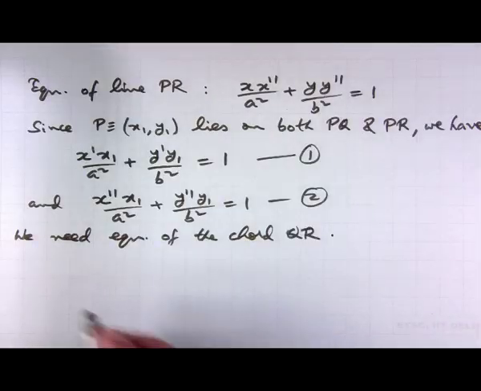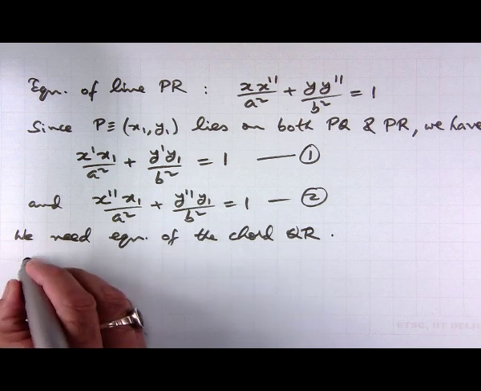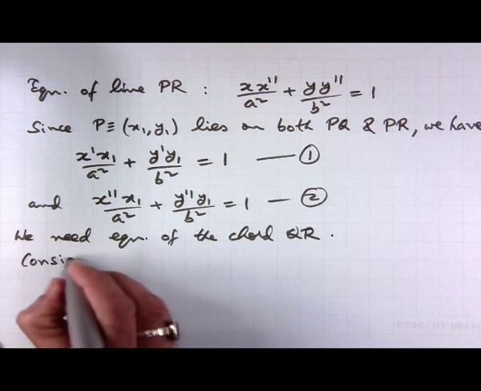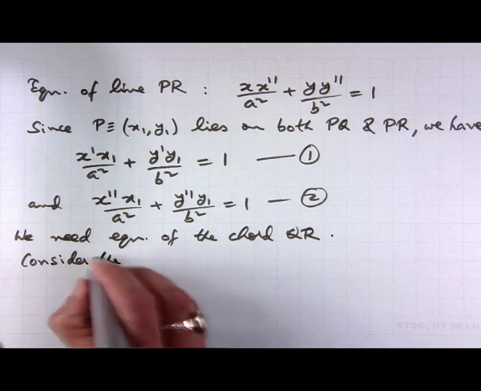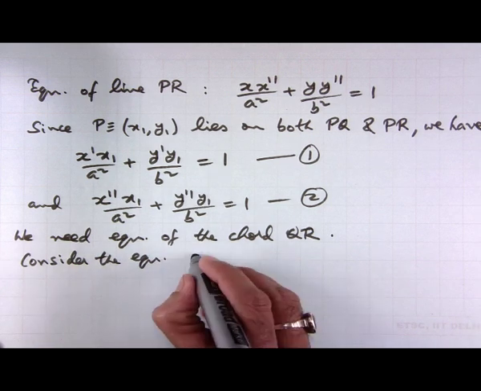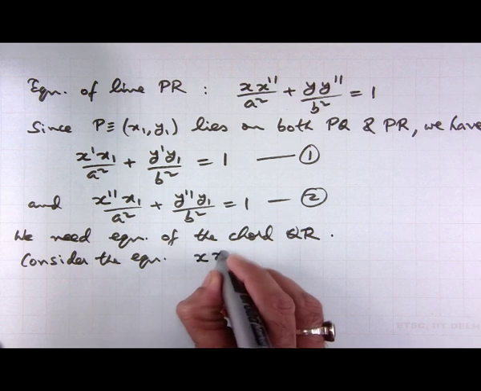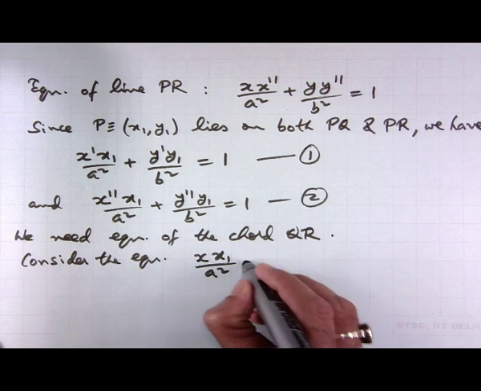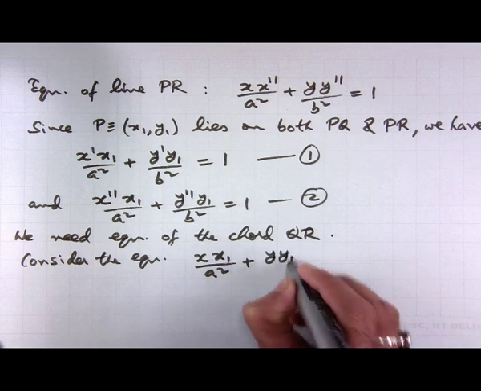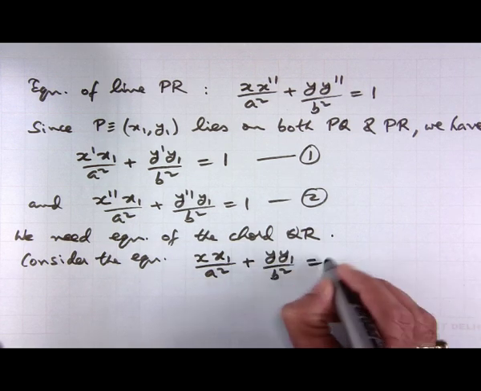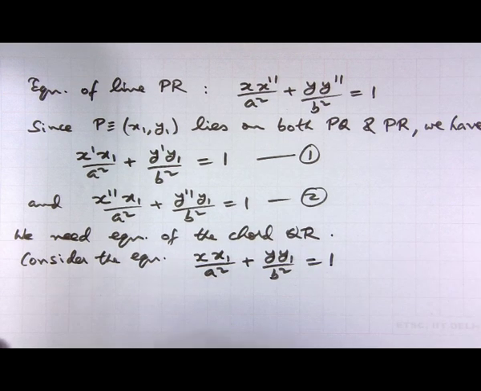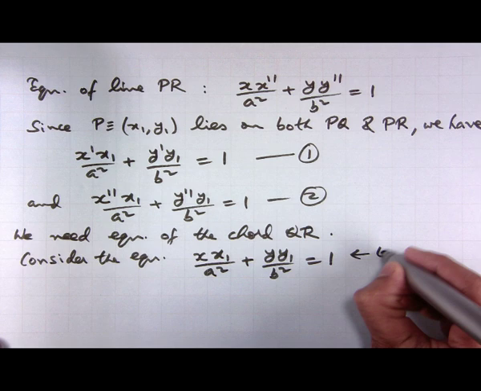So, consider the equation x times x 1 by a square plus y times y 1 by b square equal to 1. This is the equation of a straight line.